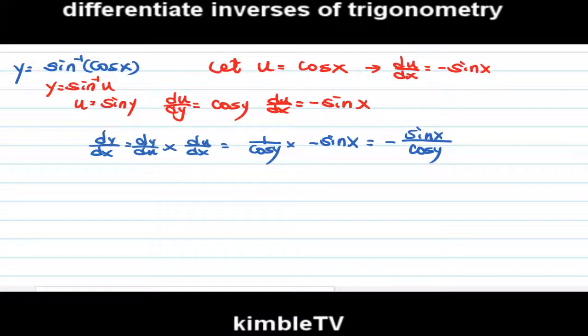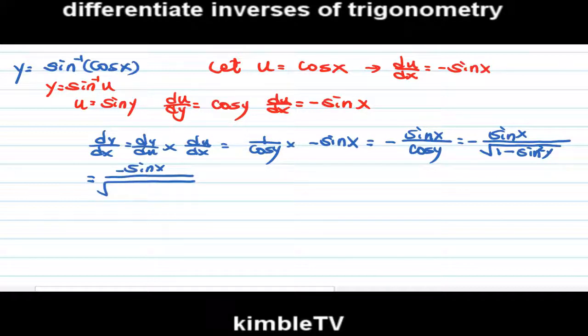The cos y is the same as root of 1 minus sine squared y. Therefore minus sin x over root of 1 minus sine squared y, which is u squared. u is the same as cos x.